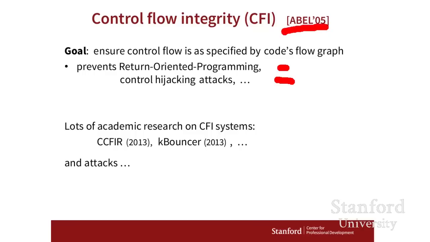There's actually a lot of academic research on control flow integrity. There are a lot of systems, and I just gave some examples here, and there's also a bunch of attacks on these systems. So this is a very active area of research. Instead of going through all the previous work, let me tell you what this is about, and I'll tell you what we've done.